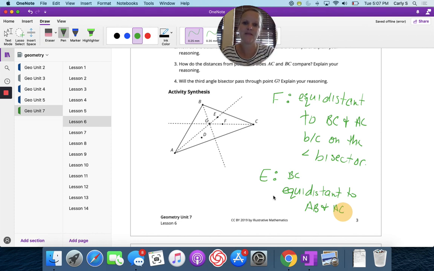Same reasoning as F. Point D, it's closest to AC because it's not on an angle bisector. All right. E is closest to BC, but equidistant from those two sides. F, it's equidistant from these sides, and I don't think it's closer to AB at all, but that's what we're going for.